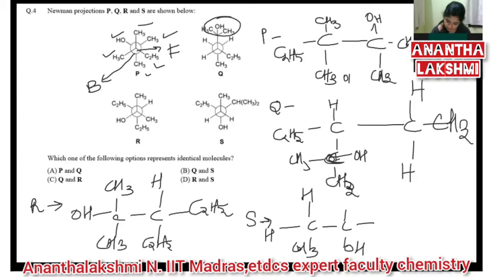OH, C2H5, and one more, CH, which is basically an isopropyl group, CH3 twice. This is basically organic chemistry and stereochemistry together. This is a little bit shabby, I know, but when you write it neatly in the notebook, you'll be able to identify it properly.